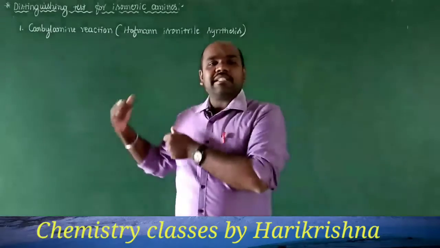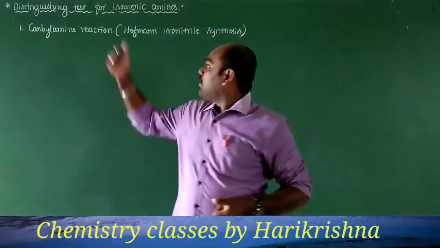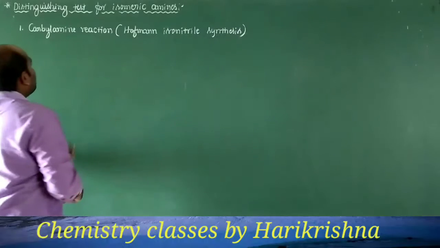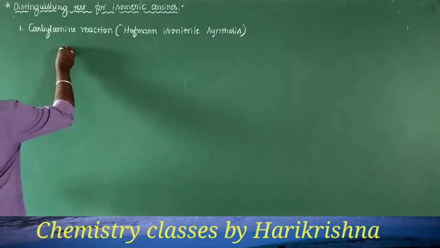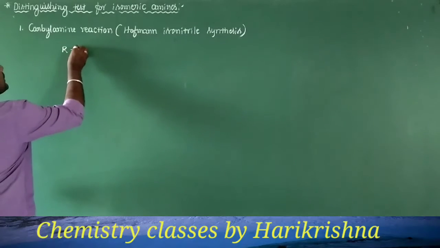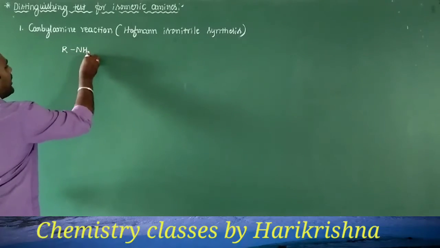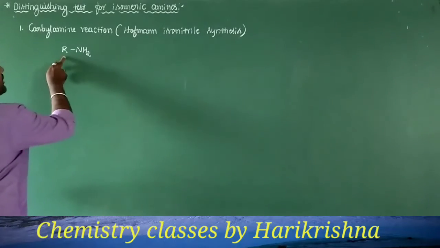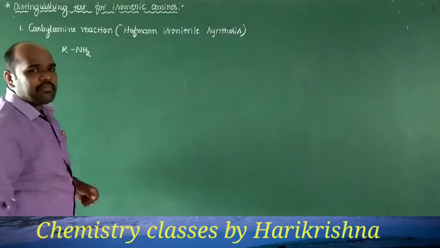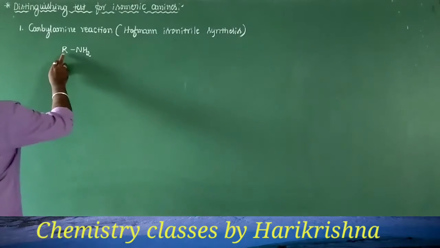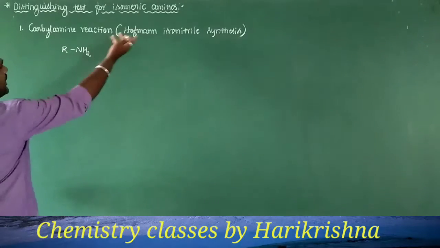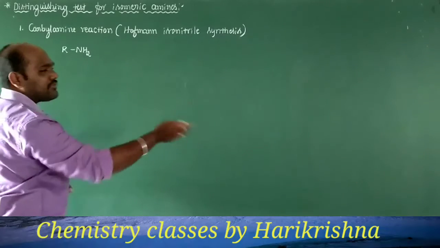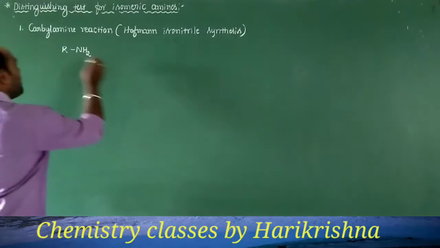So firstly, we shall see the basic stuff of the carbylamine reaction. Consider a primary amine, which can be written as R-NH2, where R can be either an alkyl group or an aryl group. That is why the answer is given for both aliphatic as well as aromatic amines.